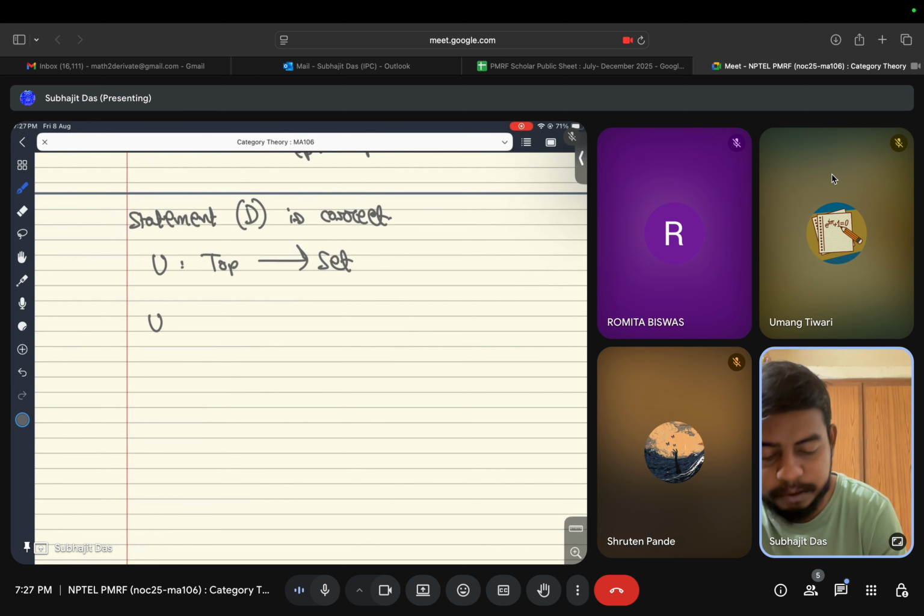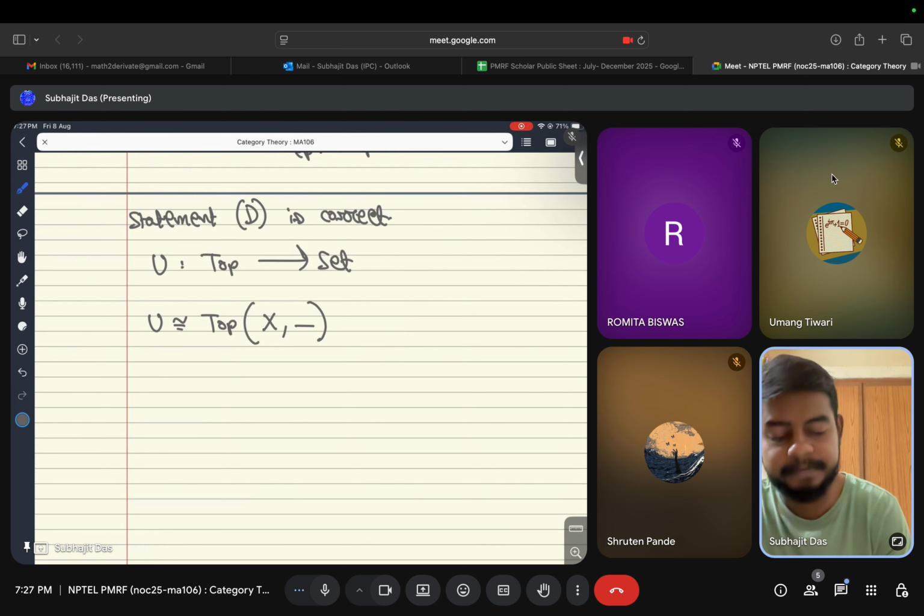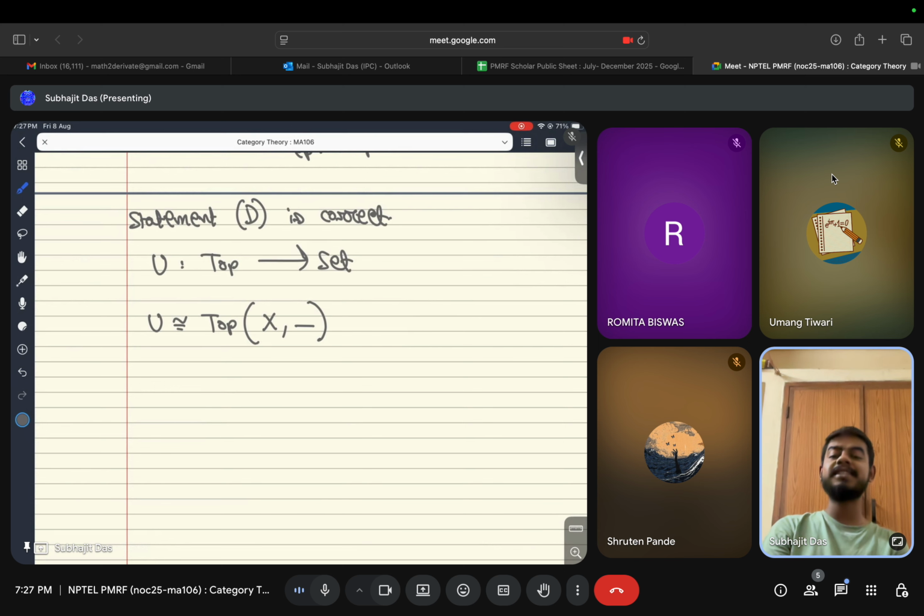We want to show that U is naturally isomorphic to Top(X, -) for some space X. So the idea would be to find such a space X such that arrows in Top from X to Y, that is, continuous maps from X to Y, are the same as the elements of the set UY, right?